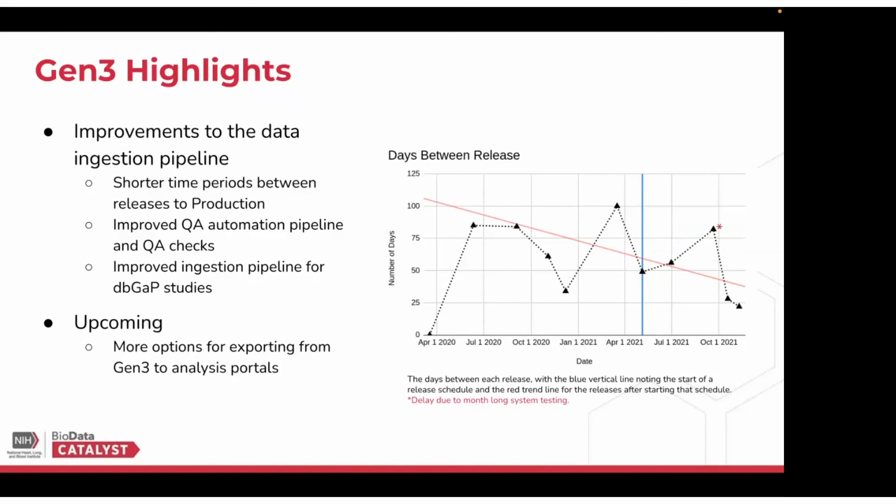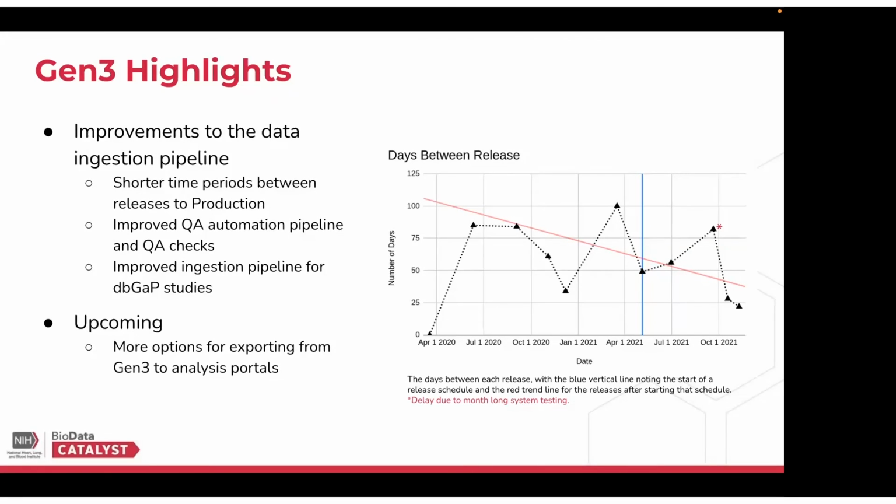So for Gen3, we've been really all about improving the data ingestion pipeline. As seen from the graph to the side, we've had shorter time periods between releases to production. We started a release schedule where we aim for a monthly release, and after that was enacted, where the blue vertical line is located, we are starting to see a downward trend. We're not waiting for as many data sets to then release to production, so we can have a shorter turnaround and make data more quickly available for all users.